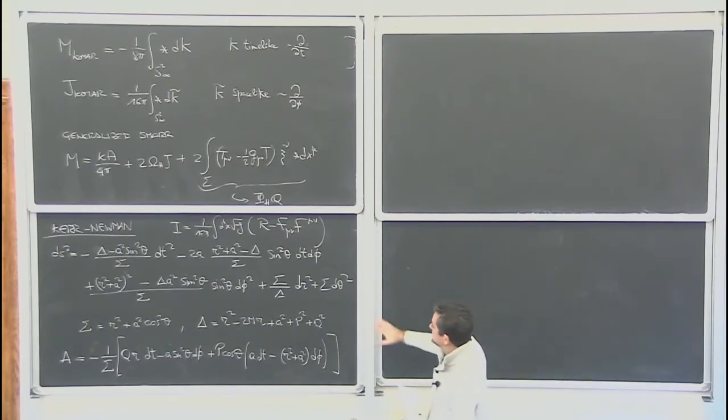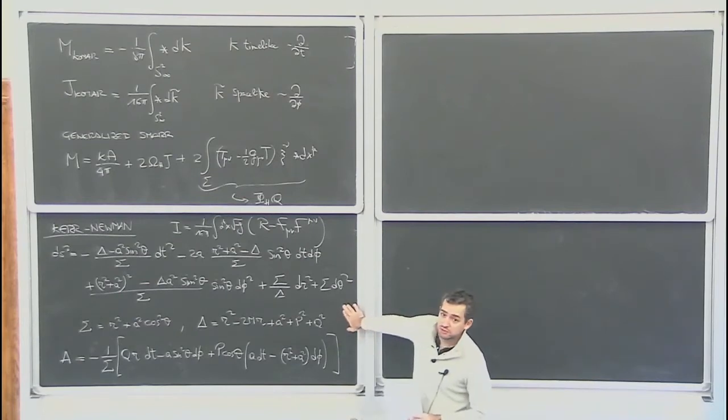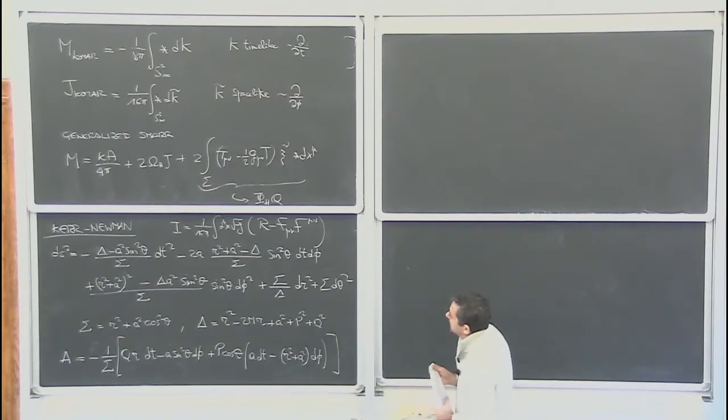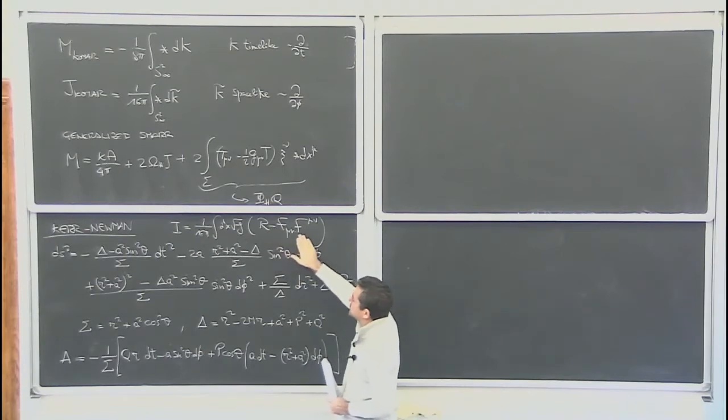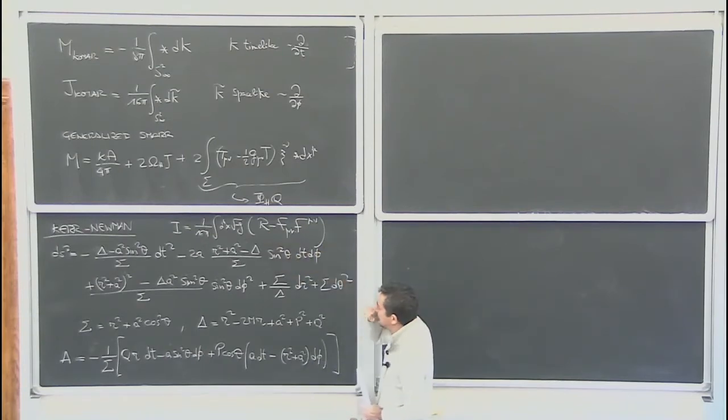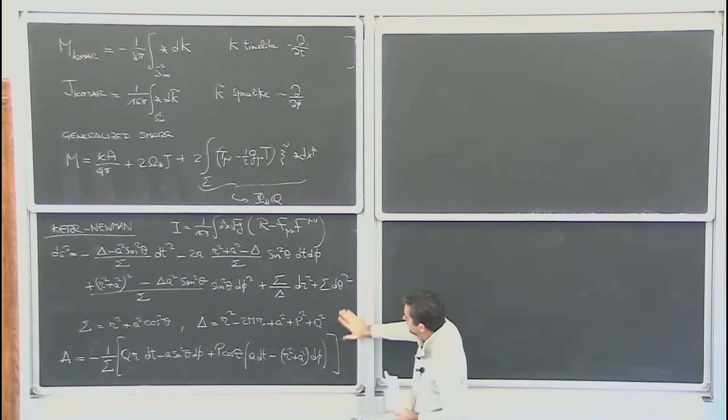Okay, so then we started discussing the Kerr-Newman solution. It's a solution to the Einstein-Maxwell theory in 4 dimensions, and it has this form. The metric is here. Here is the form of the gauge field. Here are the functions that appear there.